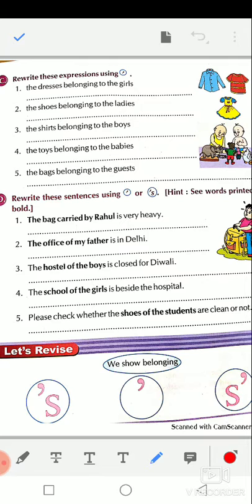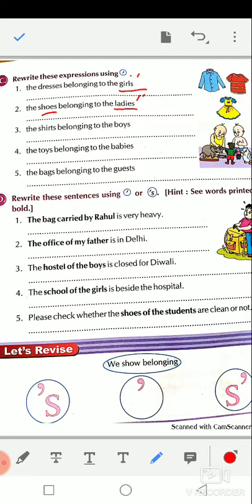The dresses belonging to the girls. We are talking about the dresses that are of the girls, so we can also say girls' dresses. In this, S is already there, so we put only an apostrophe. Girls' dresses. The shoes belonging to ladies, we can also say ladies' shoes, apostrophe only.